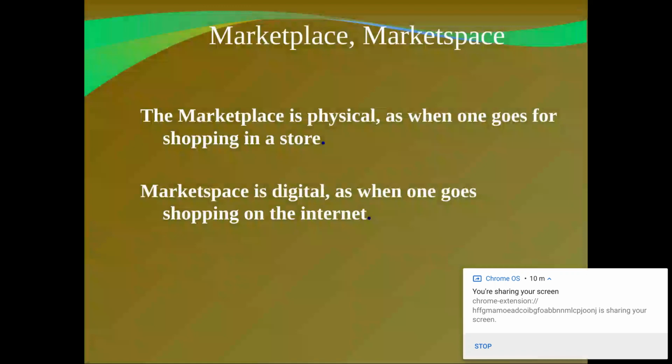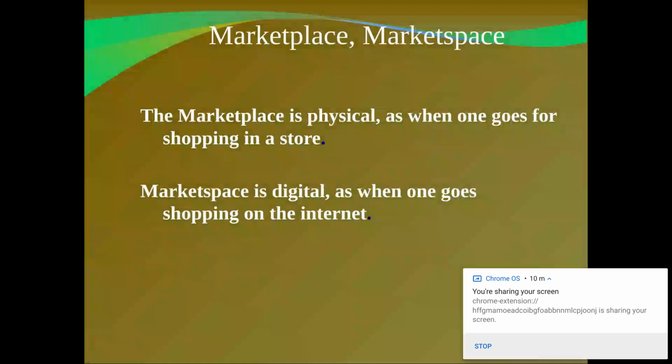Now, what is a marketplace? Or better to use the term market space. A marketplace is a physical form, as when one goes for shopping in a store. But in today's time, when we are talking about the digital revolution, the term marketplace is often exchanged with market space. A market space is digital, as when one goes shopping on the internet.